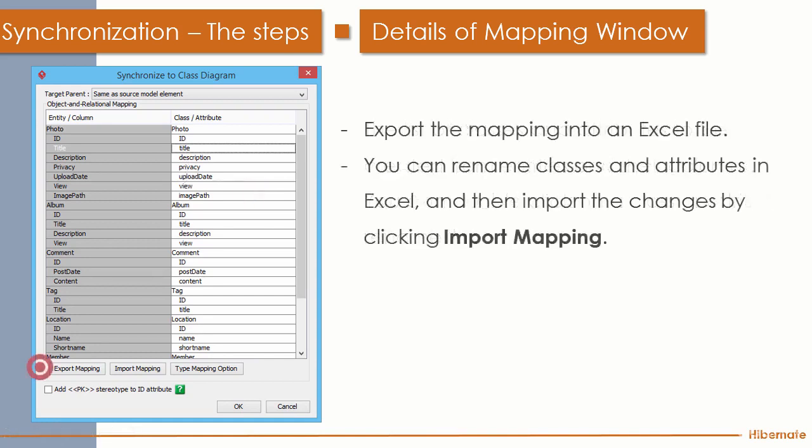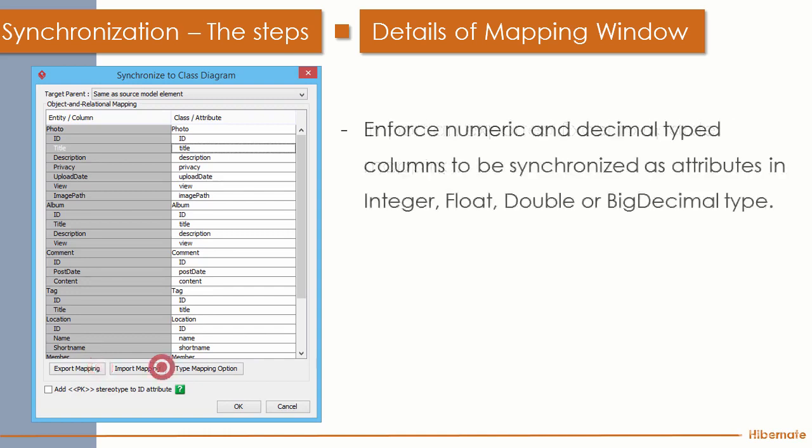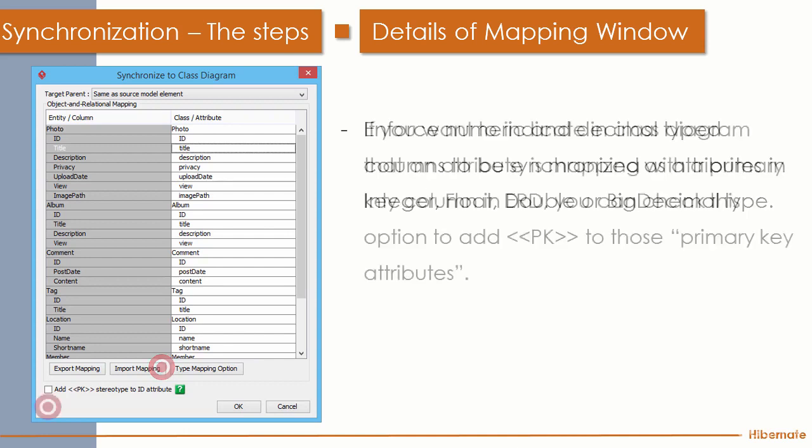So use it with care. On the bottom, you can export the mapping into an Excel file. You may wonder why we export it. You export to the Excel file, and then you can change it in Excel in a very convenient tabular form, and then import your changes back. Then you can change all the mapping according to your standard, like putting an underscore before the attribute name, etc. You can also enforce some numeric and decimal types to be generated by using the type mapping option.